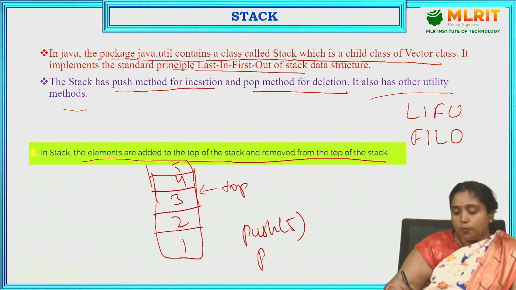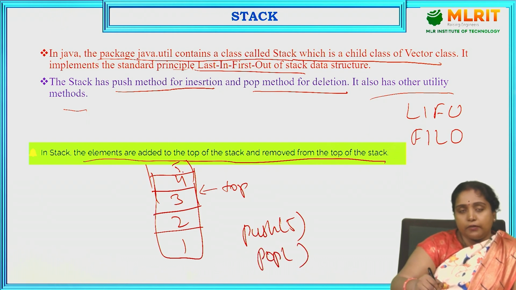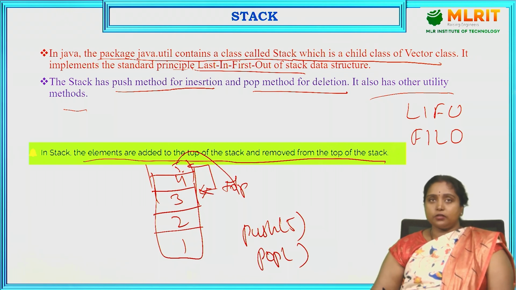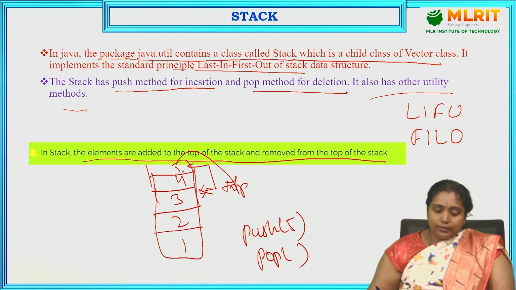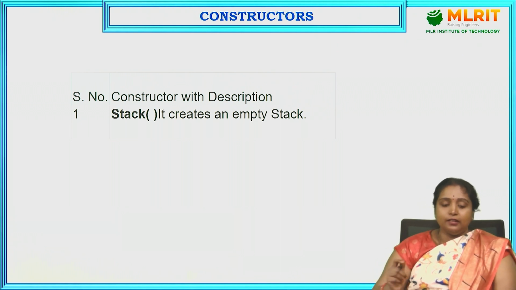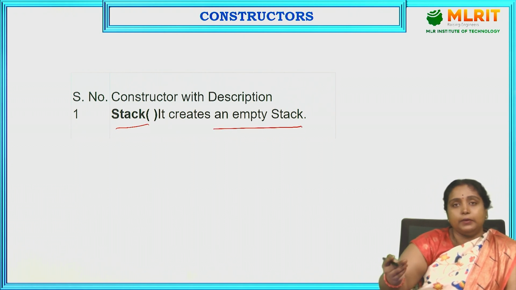If I want to pop, whatever the top element is, 5, the 5 will be deleted first. So these are the operations we already know in data structures, and the same has been implemented in Java. Coming to the constructors, there is a single non-parameterized constructor, Stack, which creates an empty stack.